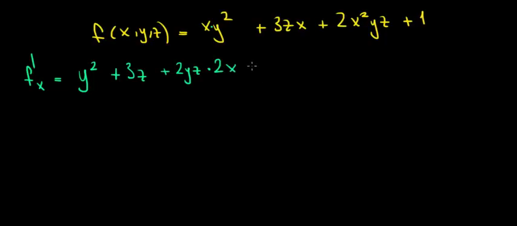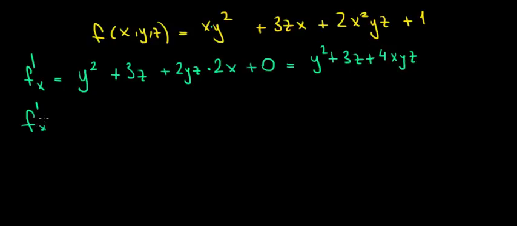One derivative with respect to x is just 0. So as a result we have y squared plus 3z plus 4xyz.